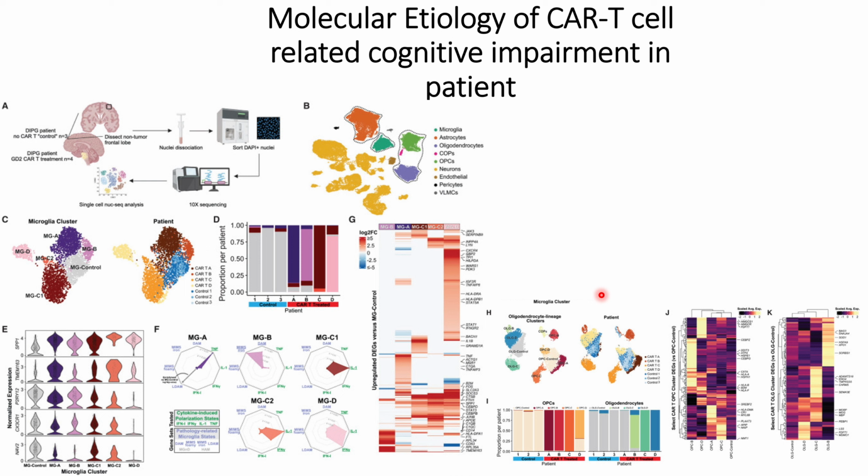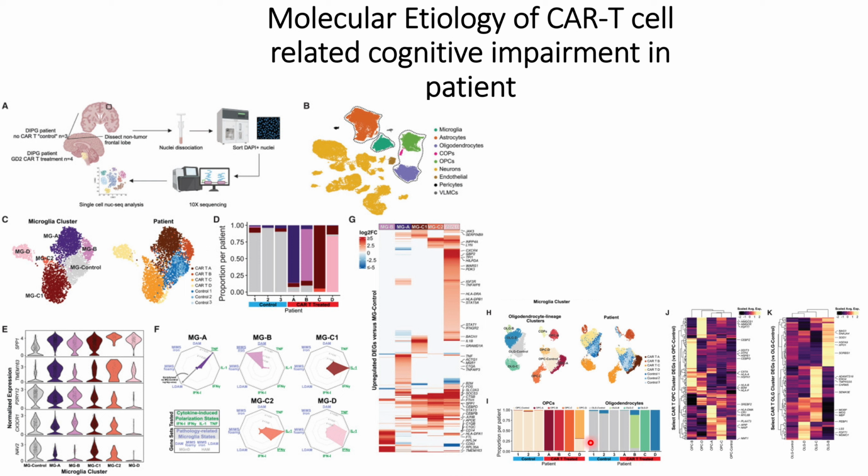Then they checked the variations in the OPCs and oligodendrocytes, and they can see the variations are high compared to the control in both cases, for the oligodendrocytes and also for the OPCs.